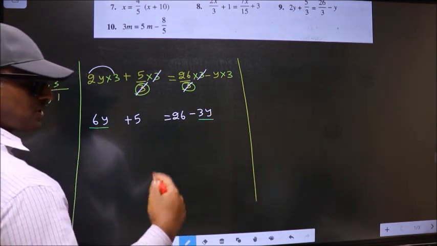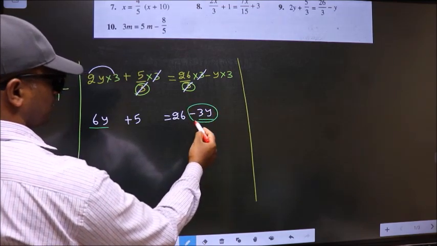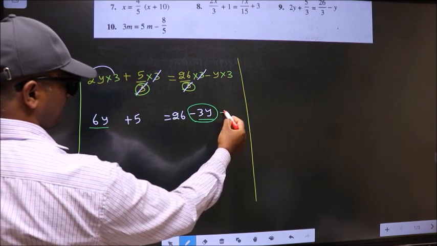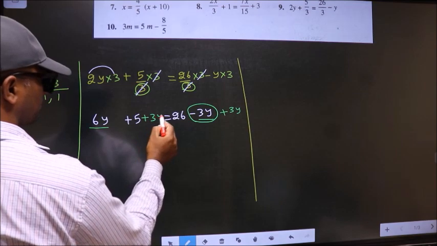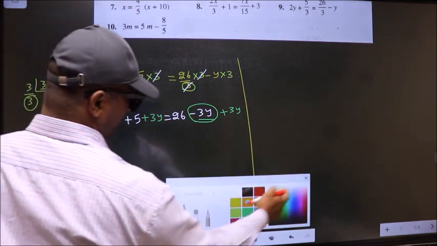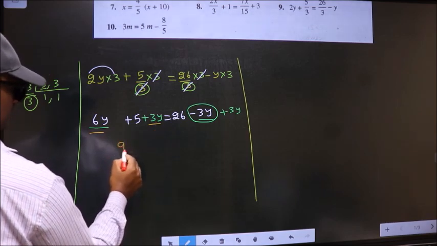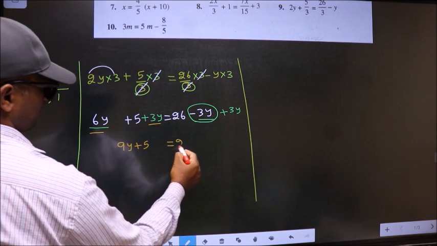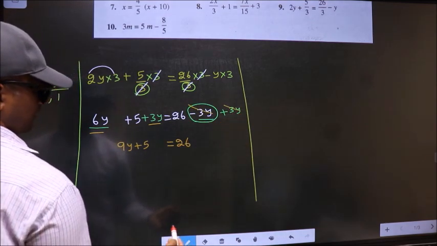All the y terms should be on one side. For that, we should remove minus 3y from here. To remove minus 3y, you add 3y on both sides. Now, 6y plus 3y is 9y plus 5 equal to 26. Minus 3y plus 3y cancel out.